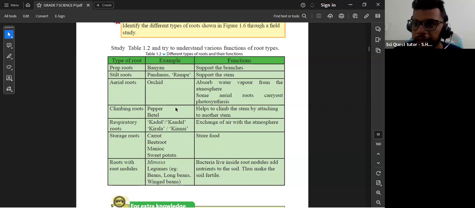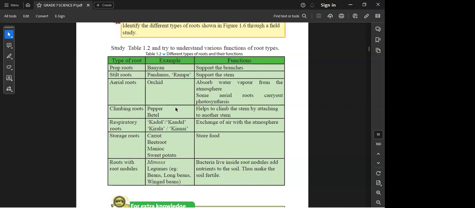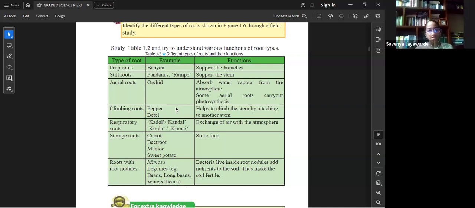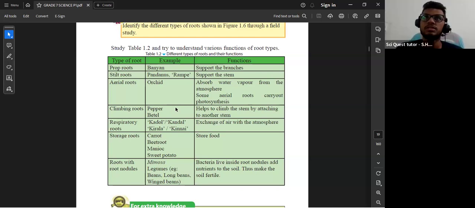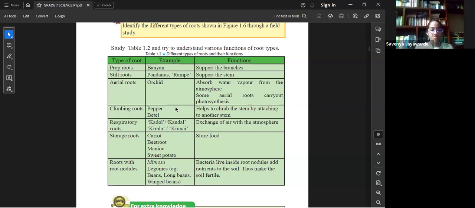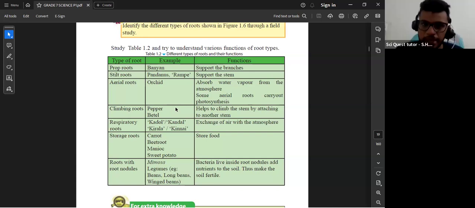Savanya, can you say one function of a root? Spreading water and nutrients throughout the plant body. Actually, absorbing and spreading give the same meaning, dear. So is there any other function you can let me know? Stays firm to the ground. That's good. So that's why it anchors the plant, isn't it?